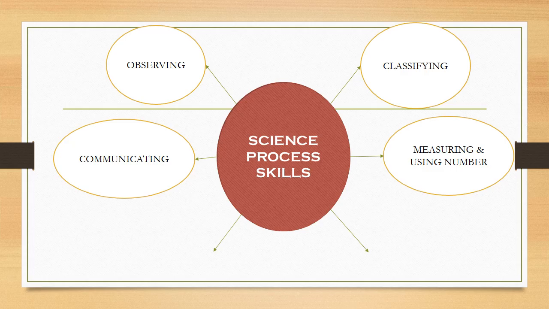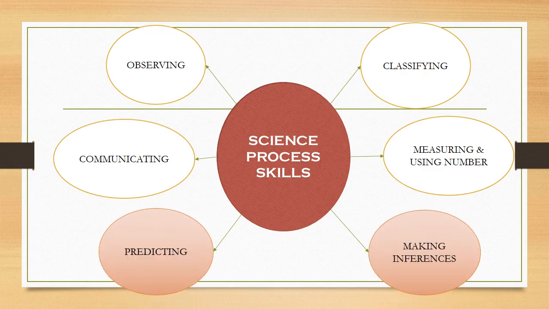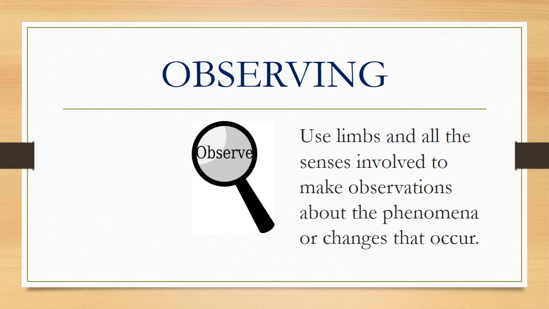For Year 3, we are going to add on another two science process skills, which are predicting and making inferences. Let's have a quick revision about the four science process skills that you have learned before.